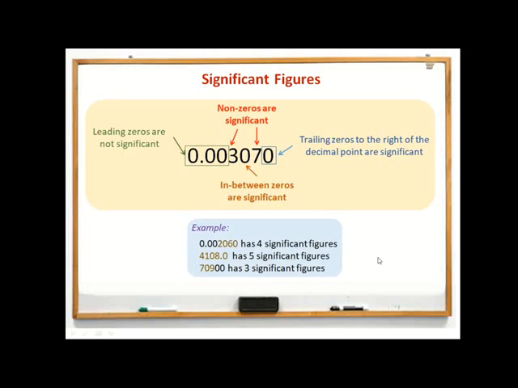Therefore it has 4 significant figures. Like that, a few more examples are given below. 0.002060 has 4 significant figures, and 4108.0: the 0 after the decimal point is countable. Therefore, it has 5 significant figures.